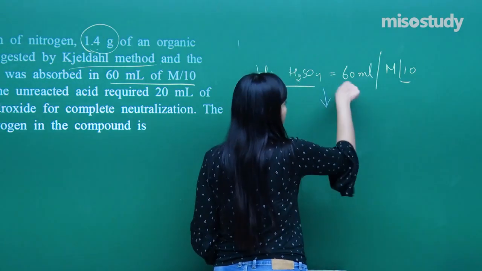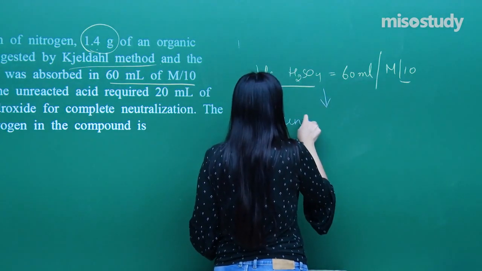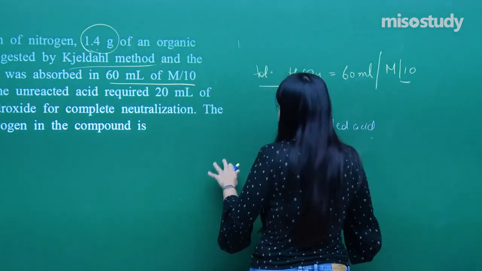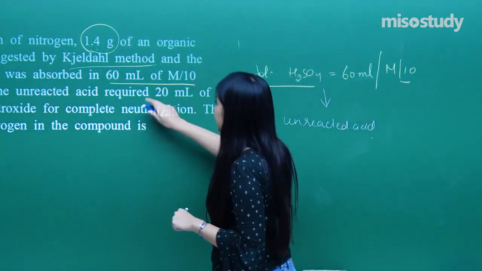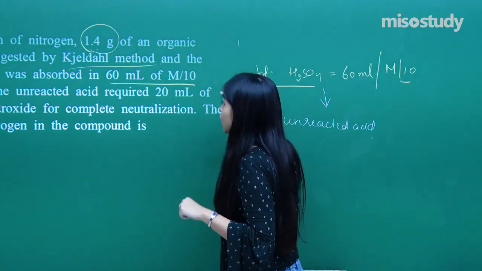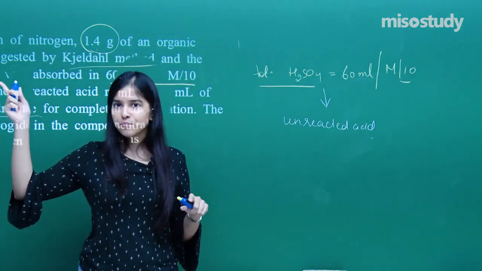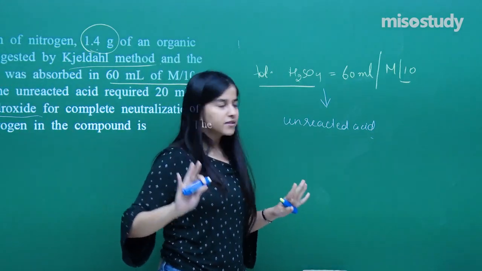So here out of 60 ml, some unreacted acid has been there, and this unreacted acid required 20 ml of NaOH solution, right? The titration we had performed earlier in the Kjeldahl method.